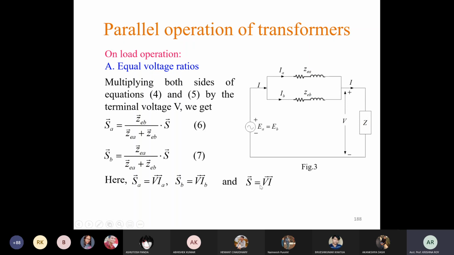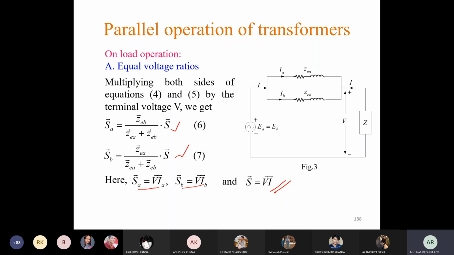So S is the volt ampere load connected here, the product of voltage across the load impedance and current flowing through the load impedance. This product of voltage and current will give you the total KVA loading to these two transformers, and the load shared by each transformer is given by these equations.